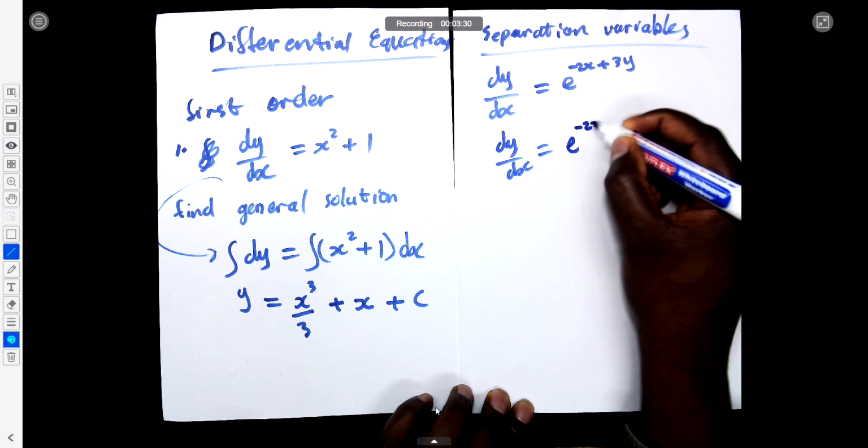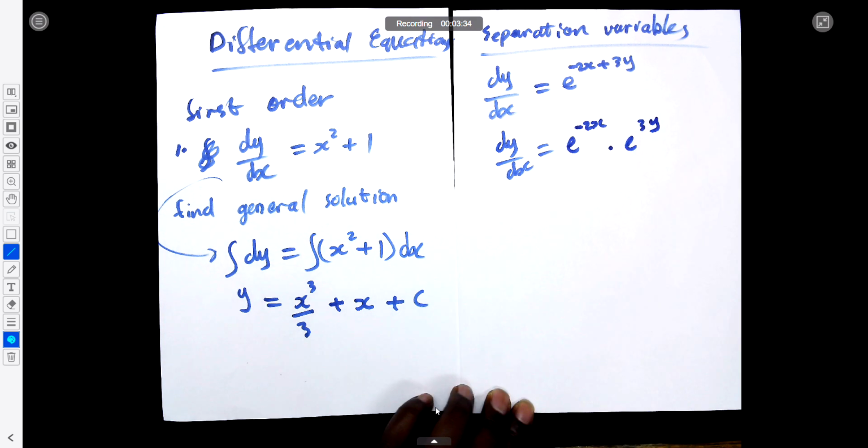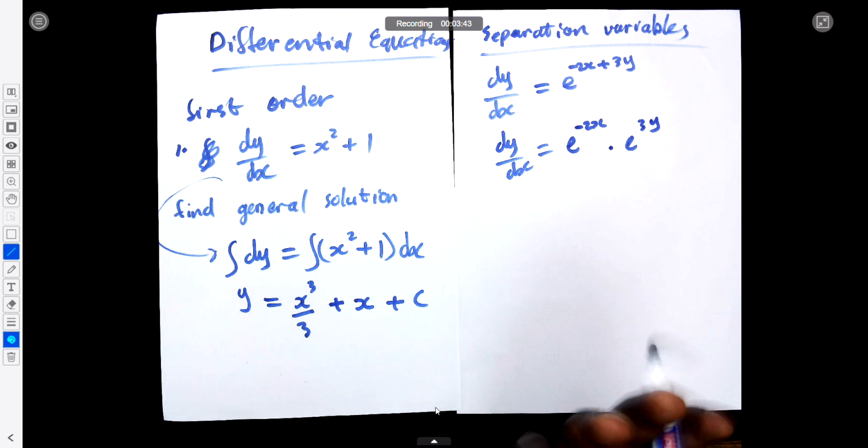So we'll have e to the power of 2x times e to the power of 3y. Number 2, we must make sure that the function that consists of y is on the dy side and the other one on the dx side.